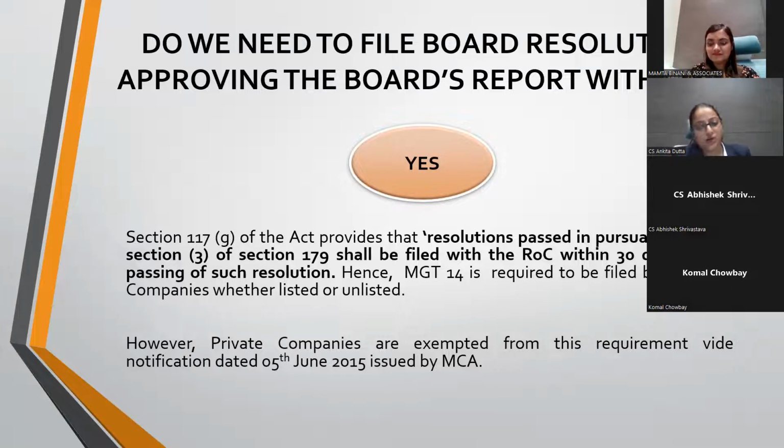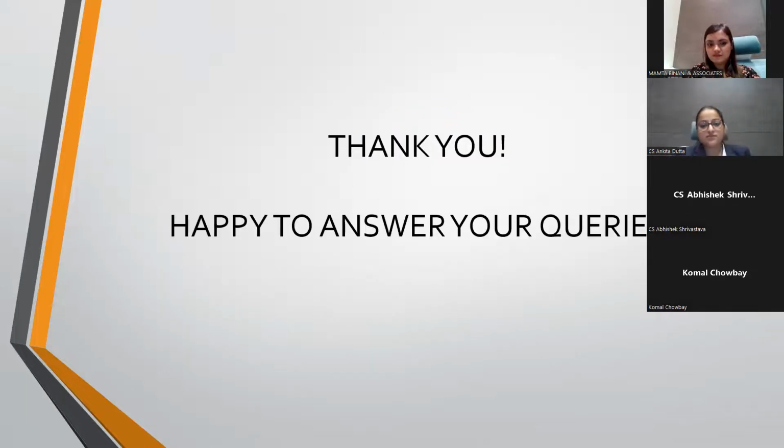Obviously, private companies are not required to file this because they have been provided a relaxation by notification dated 5th June 2015. So I have tried to cover the important aspects. If you have any queries, you can ask.